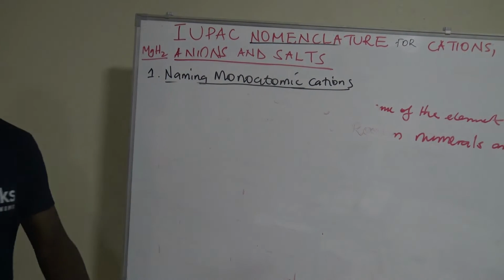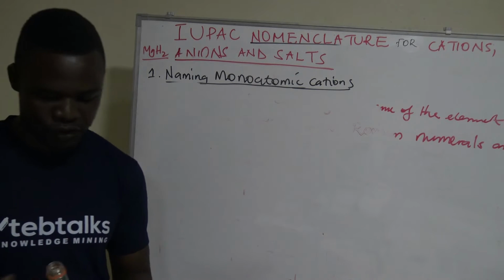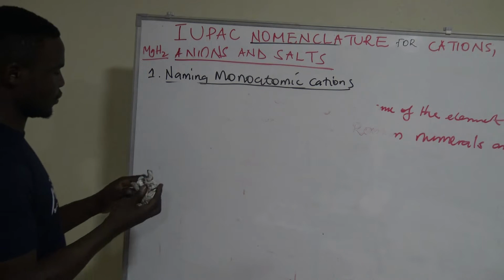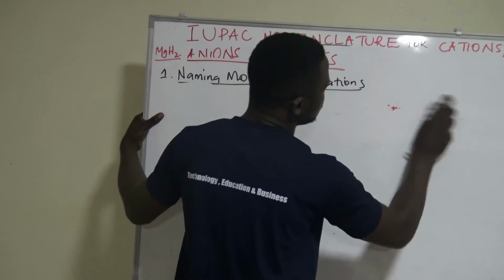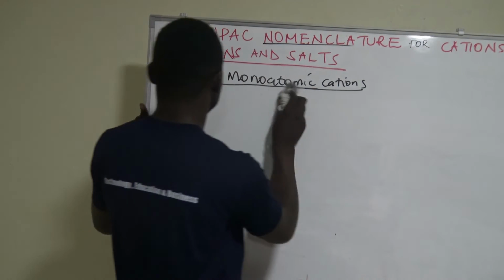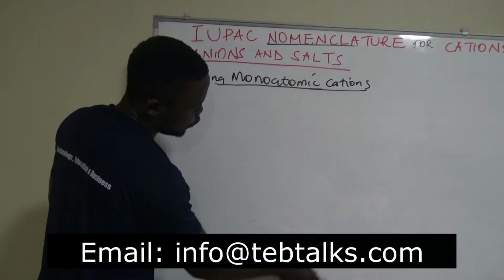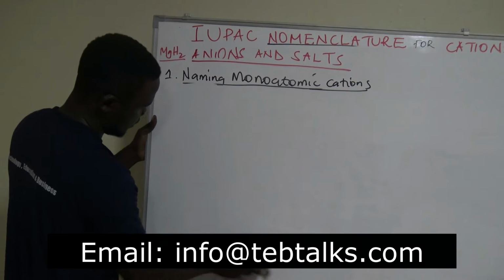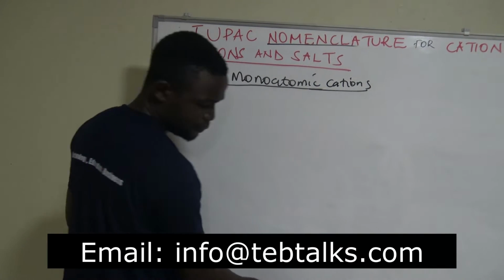As chemists, we should be knowing how to address these things, simply because whatever rule is there is agreed on by the union that makes decisions for chemists. So as young chemists, you should grow up knowing the rules and how they apply, so that you do not blunder at any one time.